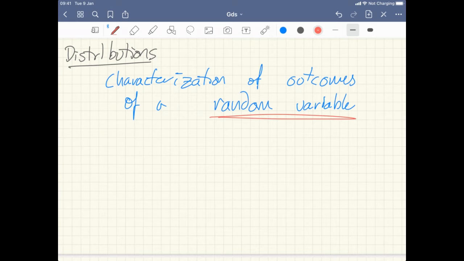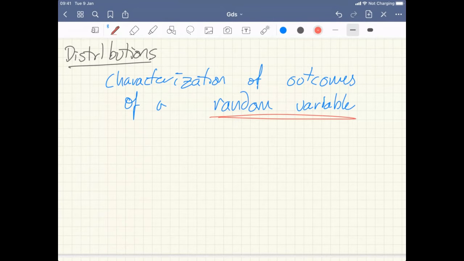So that kind of pushes the definition back to what is a random variable. And a random variable is just a value that represents some fundamentally unknown or unknowable process that takes on a value when we observe it.